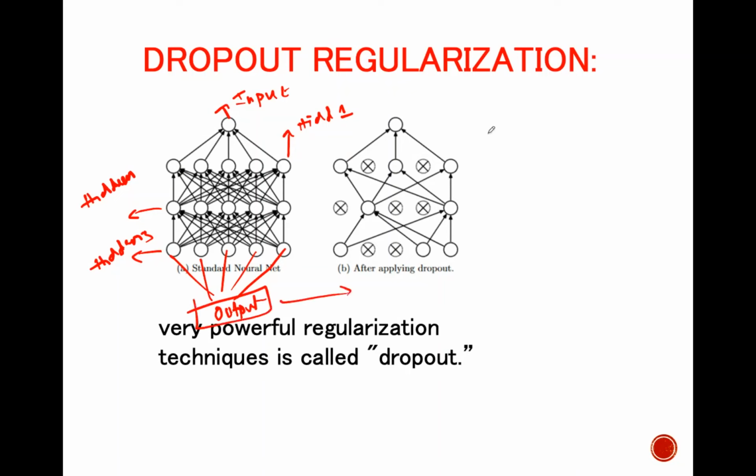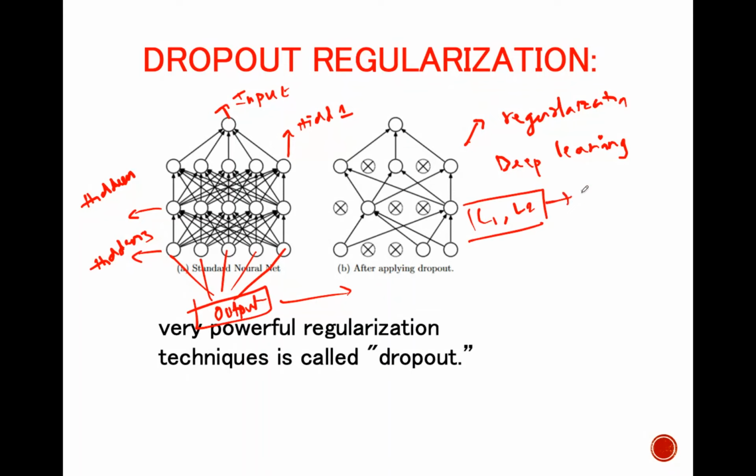This dropout can sometimes be referred to as regularization in deep learning. Whereas in machine learning, we need to explicitly mention L1 or L2, here you don't need to mention anything. If you mention the dropout, that acts as your regularization.